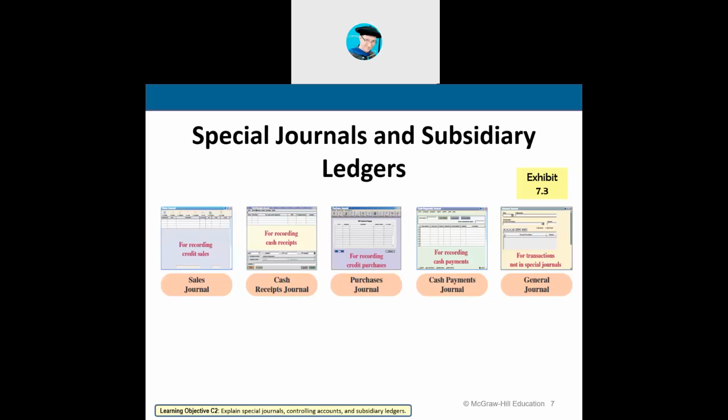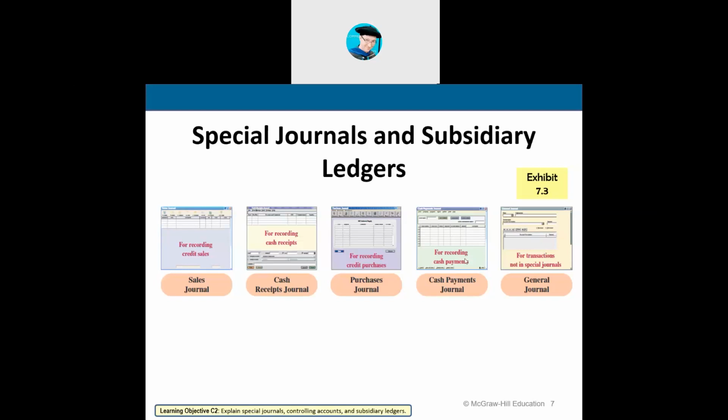Another great example for the purchases journal would be employees that use expense reports for traveling and things like that. Cash payments journals are for various special cash payments you have to make. And then, of course, your general journal for non-special transactions, like your end of month closing journal entries.